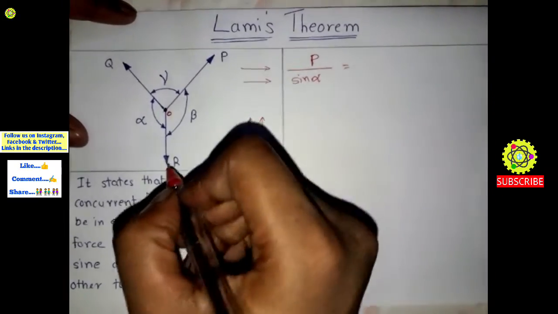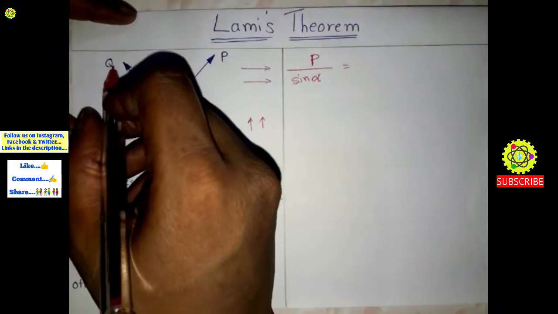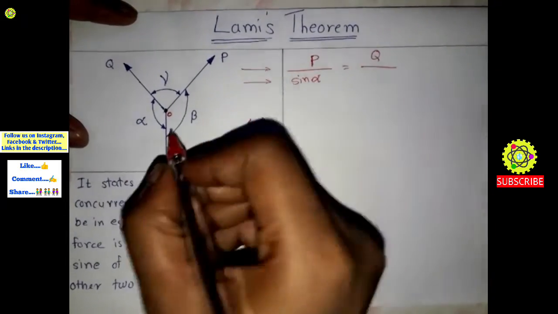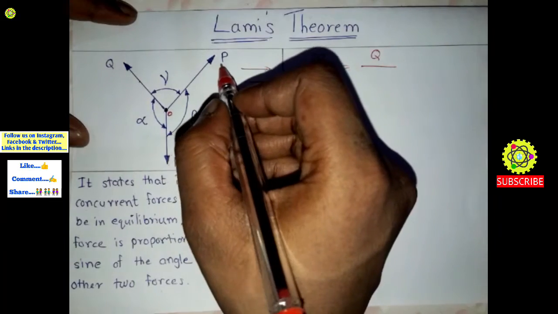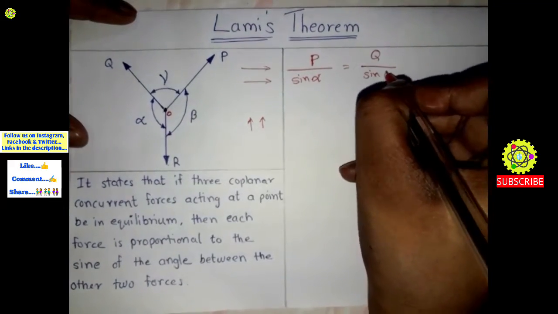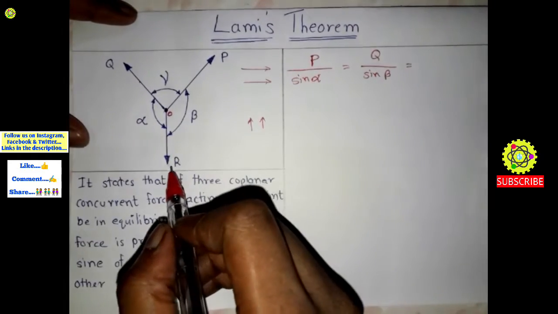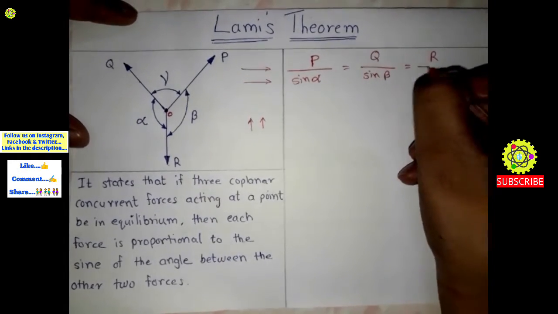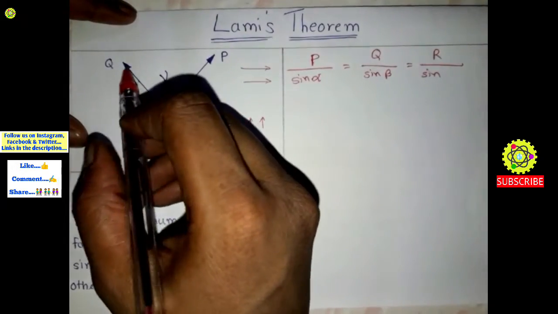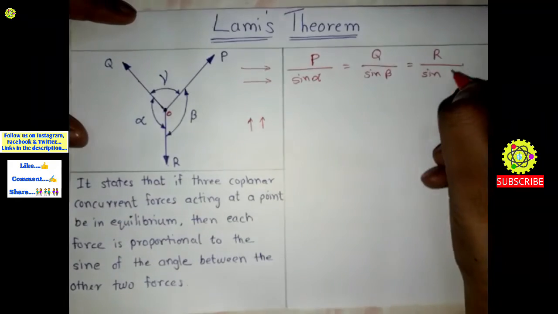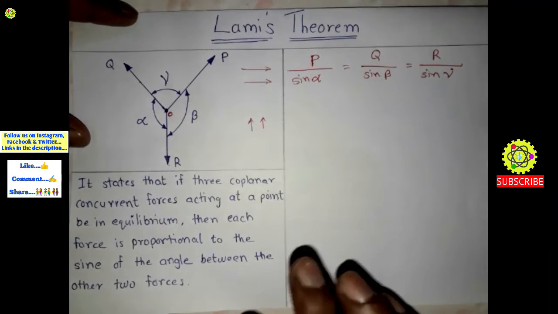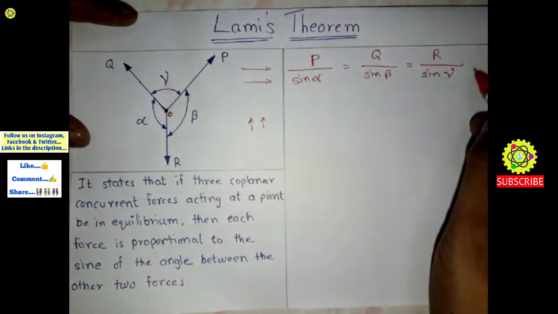Now let's take Q force. For Q force, Q upon sine beta, where beta is the angle between the other two forces, P and R. Now next is force R. For force R, the angle between the other two forces, P and Q, is gamma, so sine gamma. After reading the definition, we will see the proof for this equation.